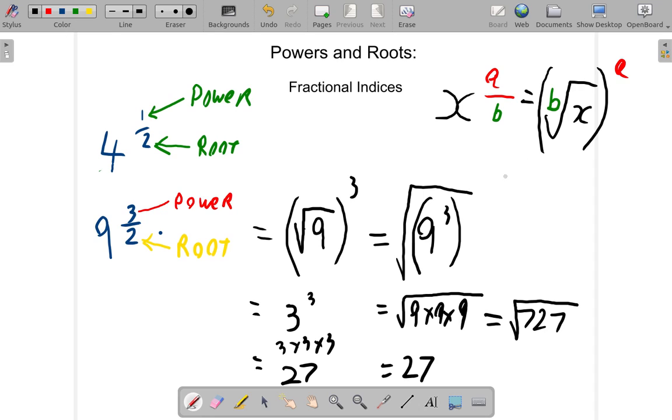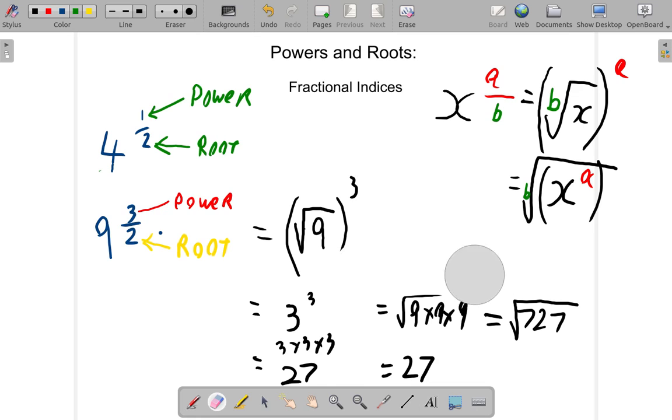Or we could put it another way and say we have x raised to the power of a, and then finding the b root of all of that. Alright, so that's what we end up with.